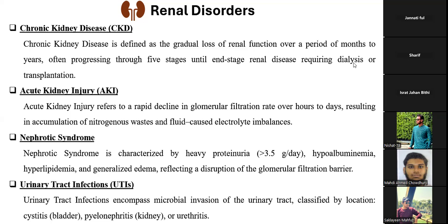Urinary tract infections are mainly caused by microbial invasion of the urinary tract, classified on the basis of location, such as cystitis in the bladder or pyelonephritis in the kidney.